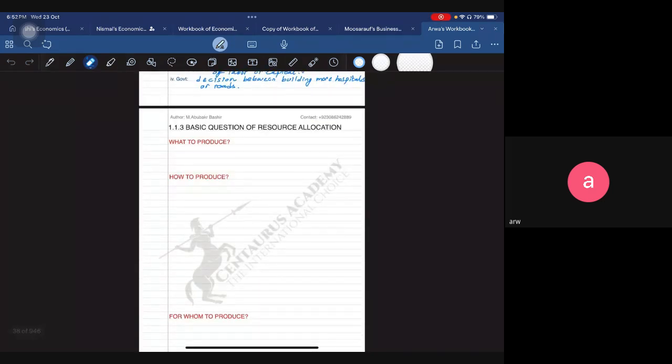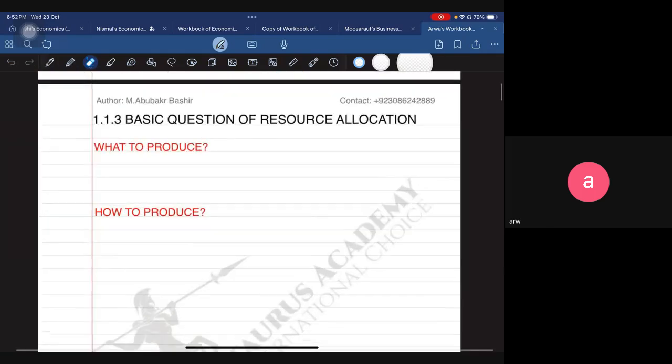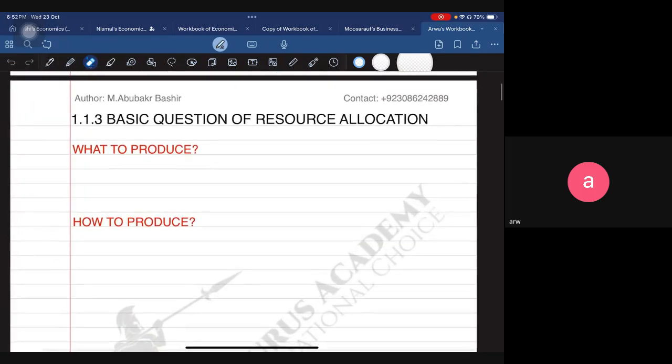Now, today we are going to come to the new topic, the basic questions of resource allocation. Do you have an idea about these? Like what to produce? It's basically in macroeconomics, right?